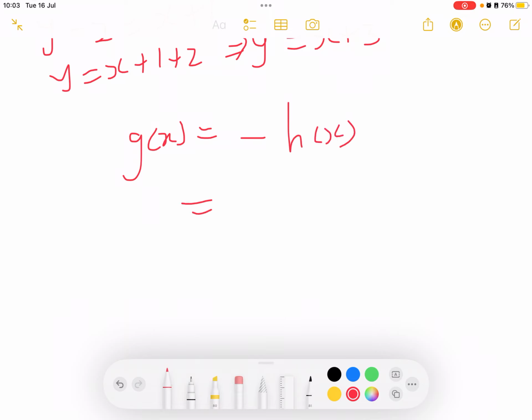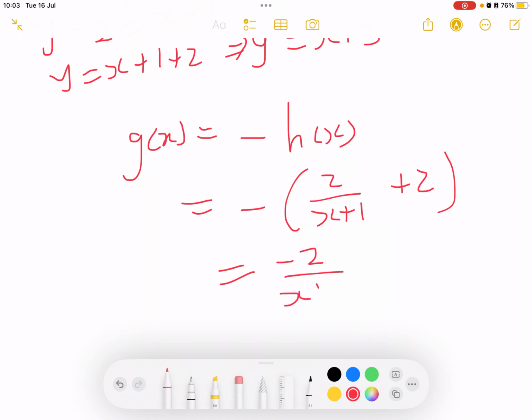Now when we substitute that, we get minus 2 over x plus 1 minus 2 using the distributive law, and therefore our asymptotes will be x plus 1 equals 0, so x equals minus 1, and y equals q, so y equals minus 2.